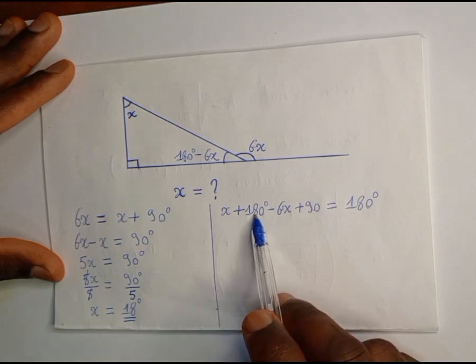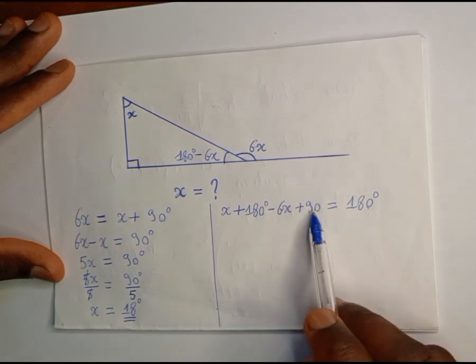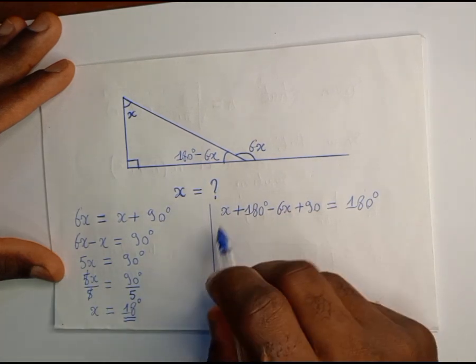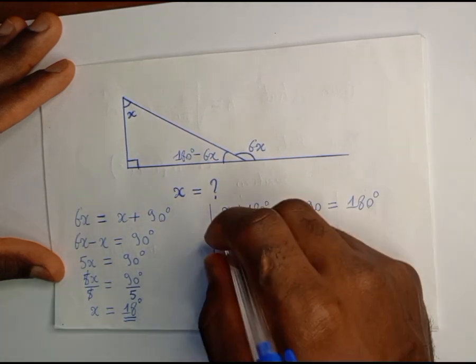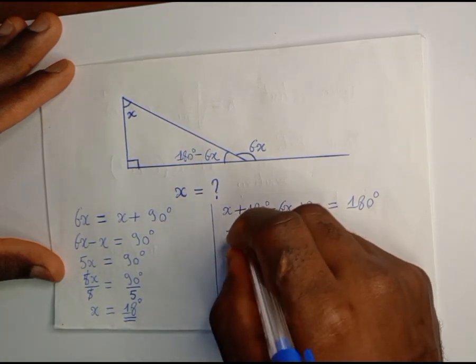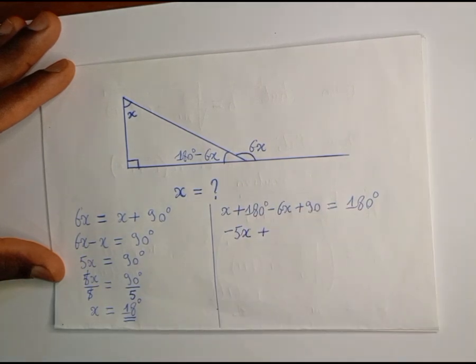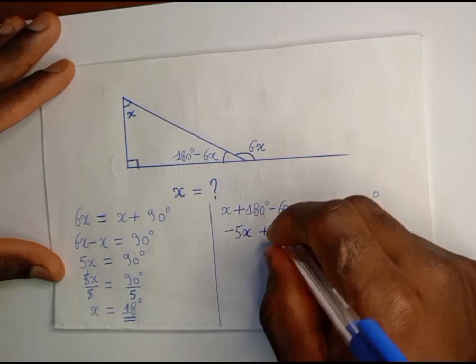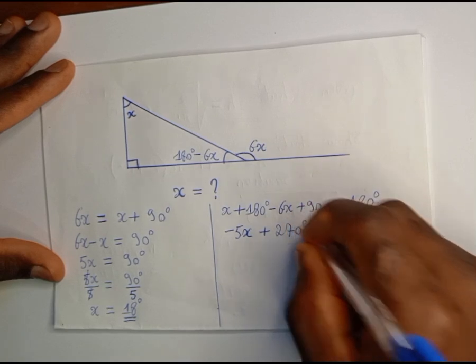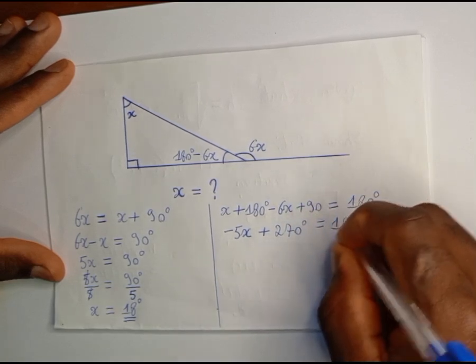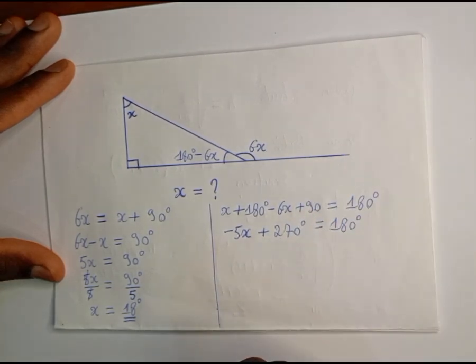Next step, we are going to add 180 degrees to 90 degrees. x minus 6x gives us negative 5x plus 180 degrees plus 90 degrees gives us 270 degrees is equal to 180 degrees.